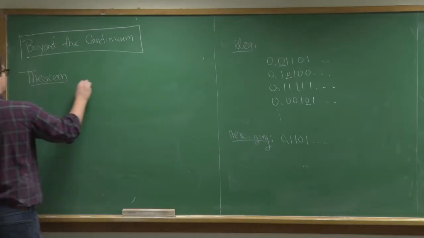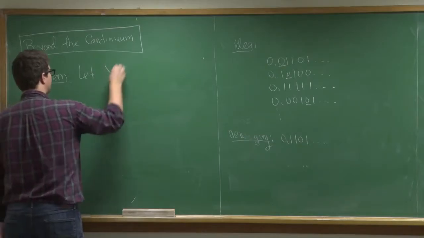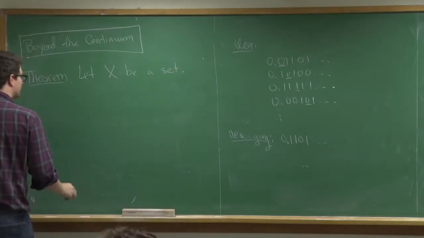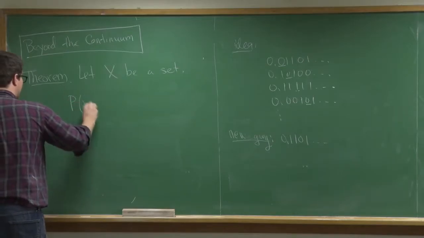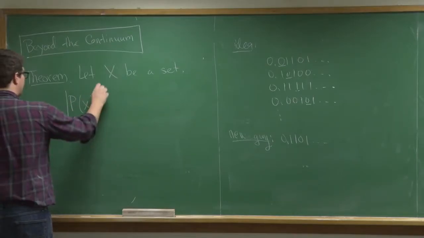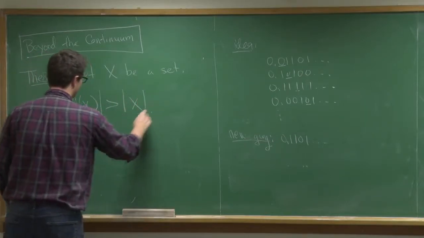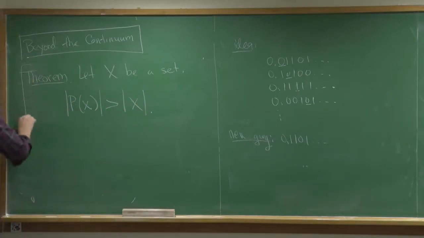Let X be a set. The theorem is that the cardinality of the power set of X is strictly bigger than the absolute value of X. I think this also appeared in this paper, I would need to check on it.